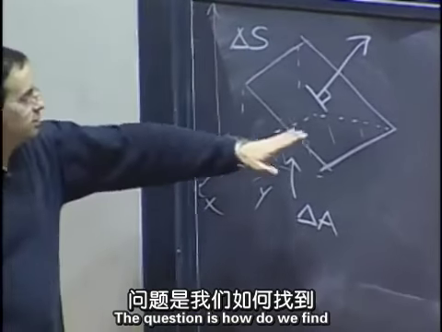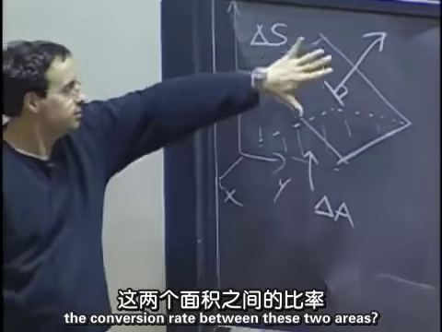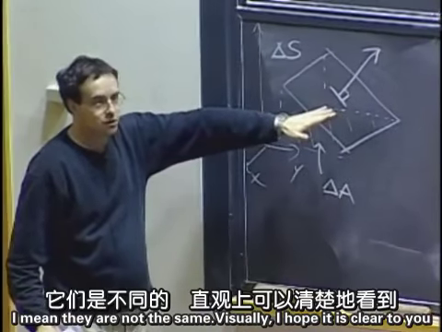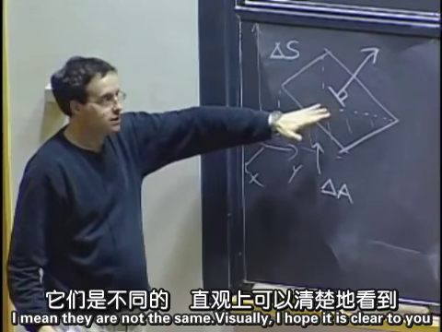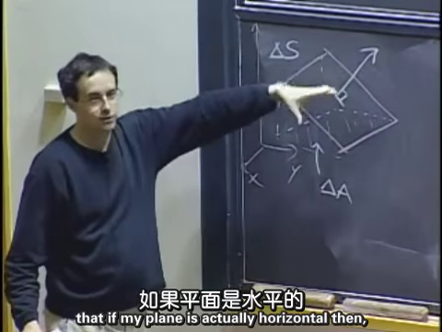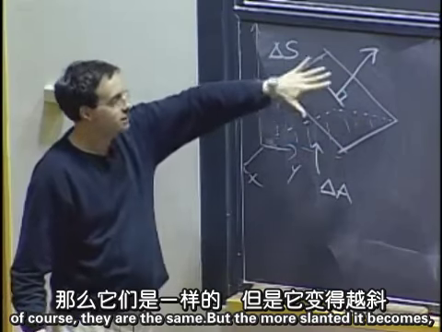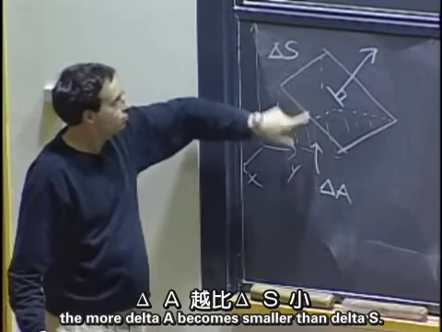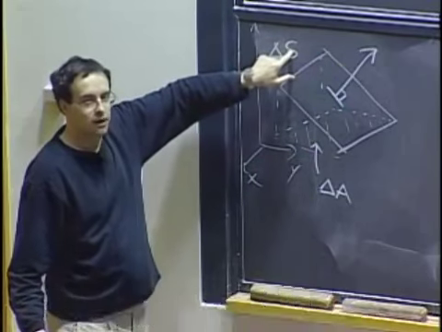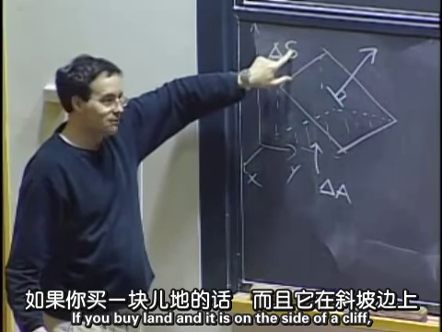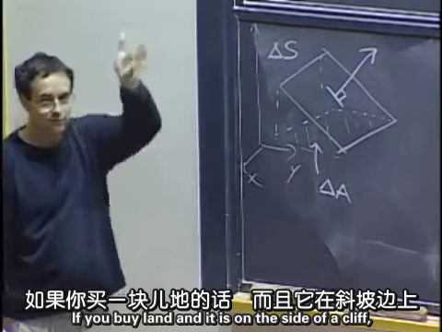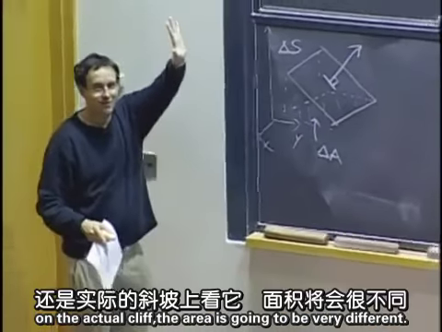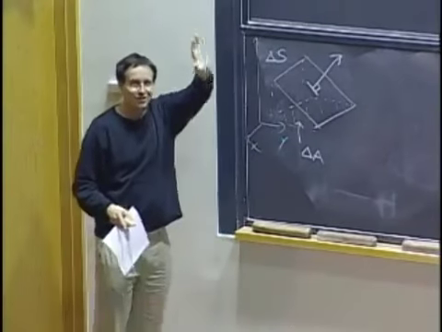The question is, how do we find the conversion rate between these two areas? See, they're not the same. Visually, I hope it's clear to you that if my plane is actually horizontal, then of course they're the same, but the more slanted it becomes, the more delta A becomes smaller than delta S, right? If you buy land and it's on the side of a cliff, whether you look at it on a map or on the actual cliff, the area is going to be very different.